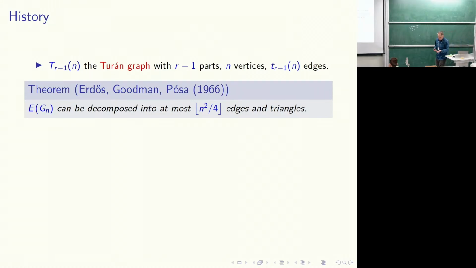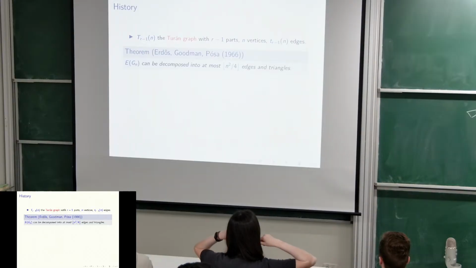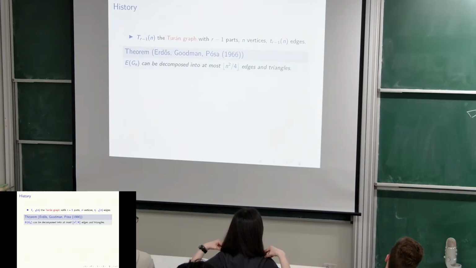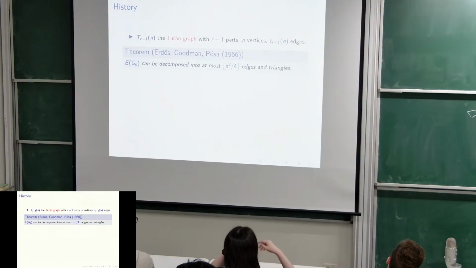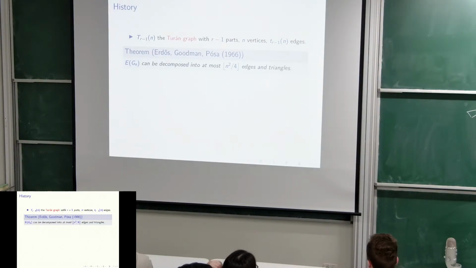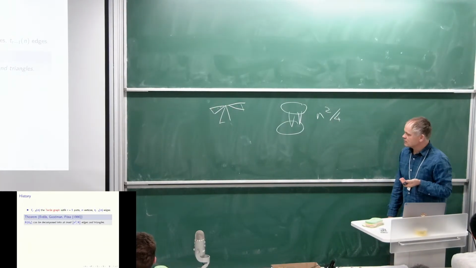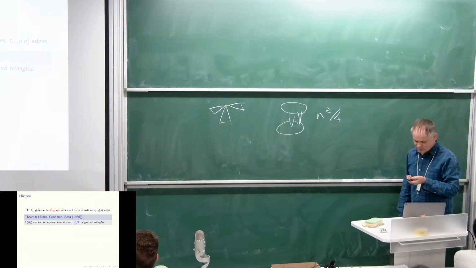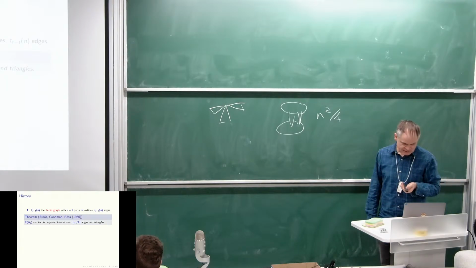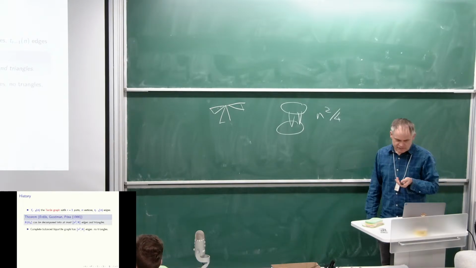The reason for this n squared over 4 is that a complete bipartite graph has n squared over 4 edges, and for each of them we have to use a part, and the theorem says that if the graph has more edges, then taking advantage of using triangles, we are not doing worse than this.